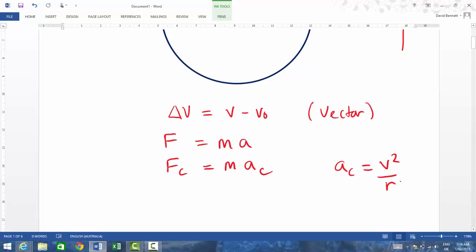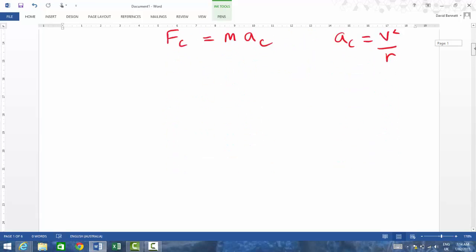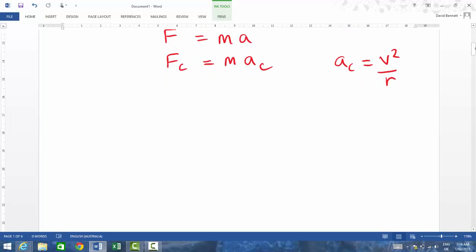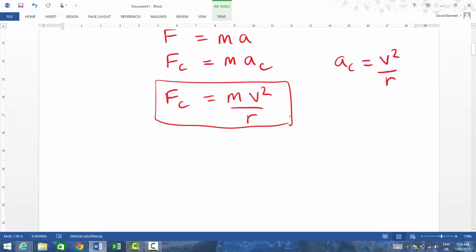That is on your formula sheet. So the next thing we need to do is put that into there. So force centripetal is equal to mv squared on r. That's the main formula that you'd probably need to work from. And again, as I said, the information for that is on your formula sheet.